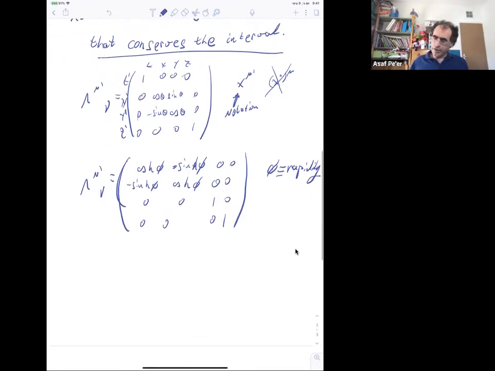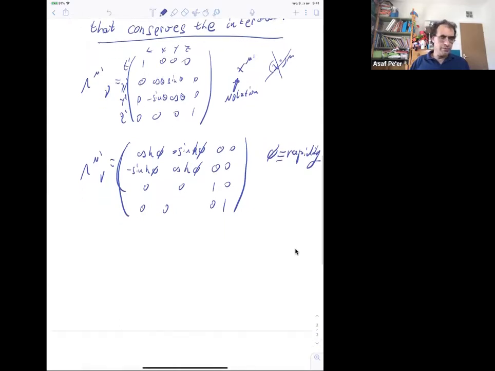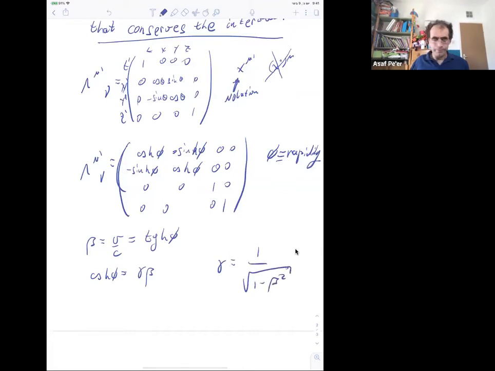And in fact, as we showed, phi goes from minus infinity to infinity. And then we can identify beta, which is v over c, as tangent hyperbolicus of phi. And then we end up with cosine hyperbolicus of phi, which is just gamma, and sine hyperbolicus of phi is gamma times beta, where gamma is just 1 over the square root of 1 minus beta squared.